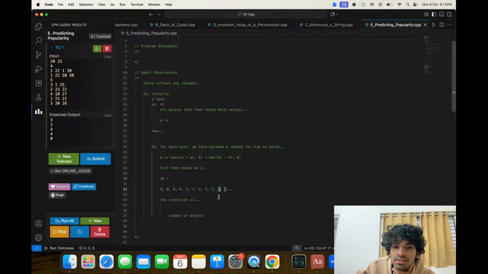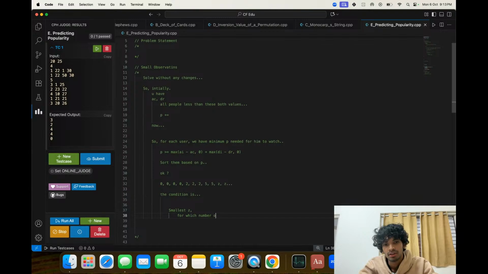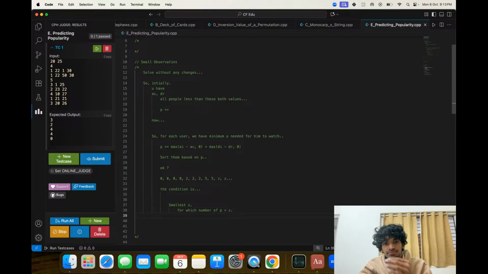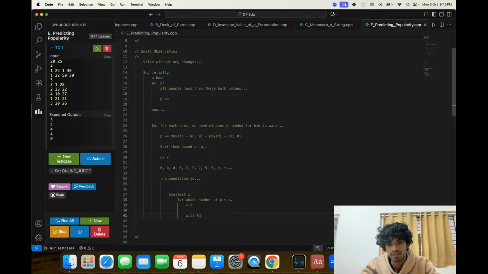So the smallest Z for which the number of people with P less than Z is less than Z will fail. So if the number of people less than this is less than 5, there it breaks.